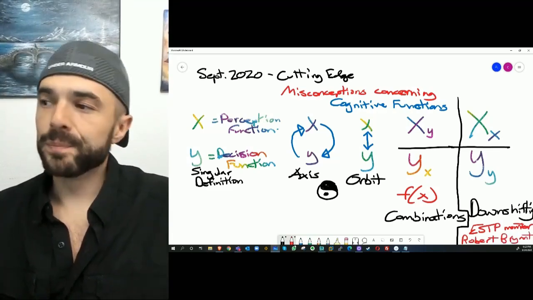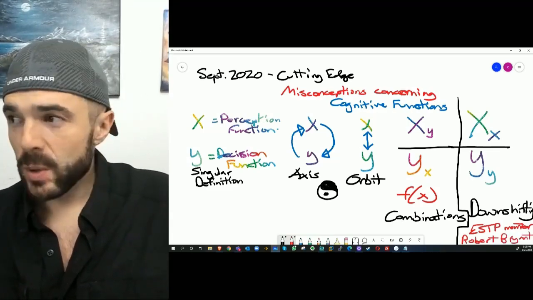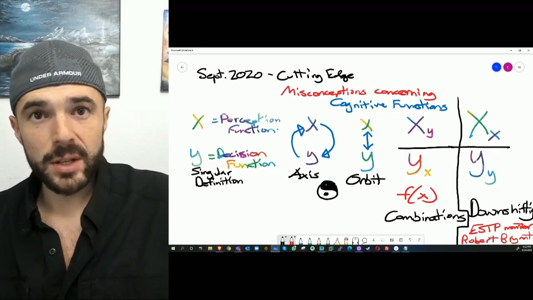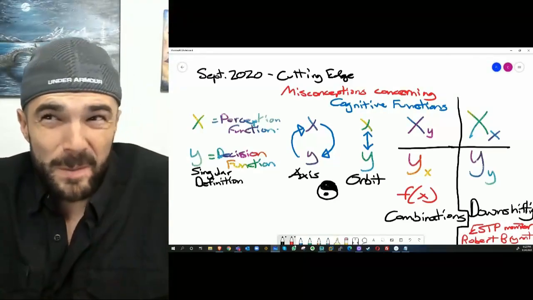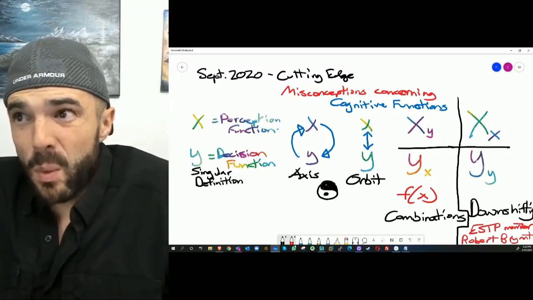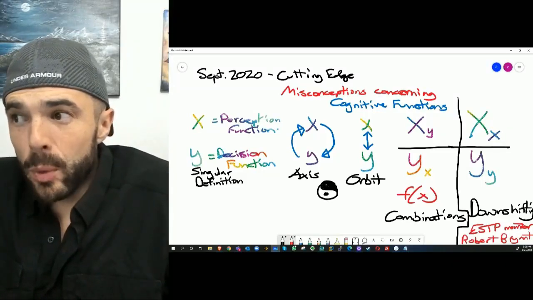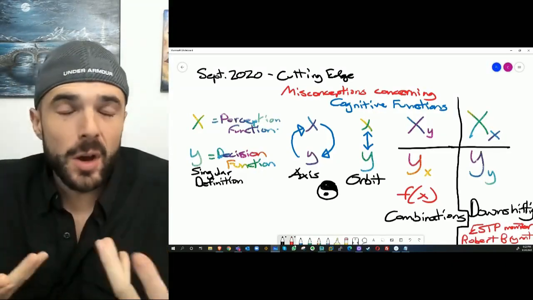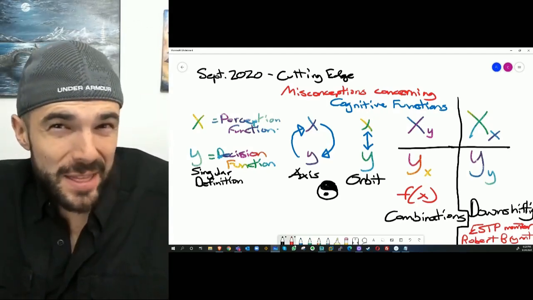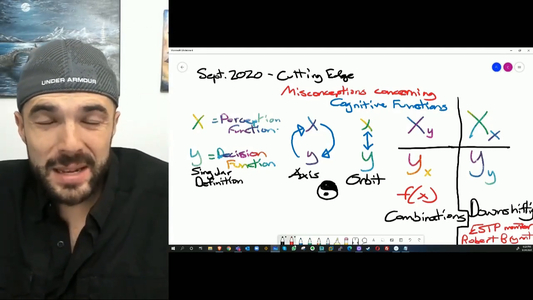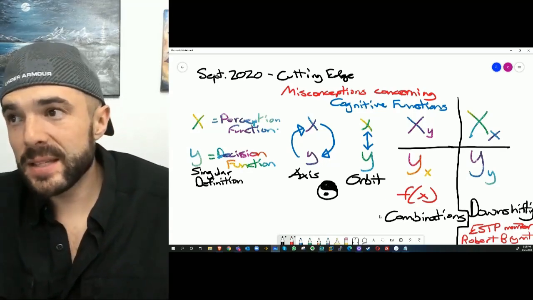My ESTP mentor came up with cognitive downshifting, and so basically, these are the five ways to interpret cognitive functions. Well, there's technically a sixth, but that sixth one is a little bit different.